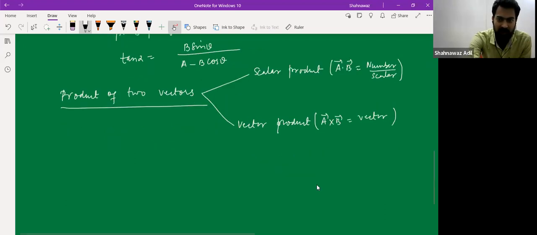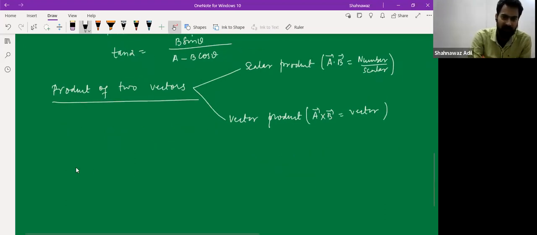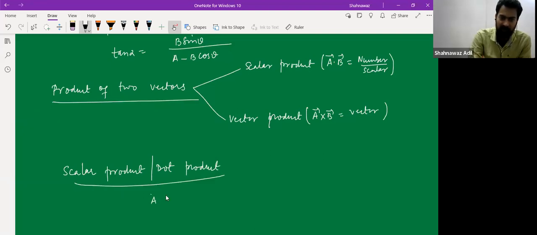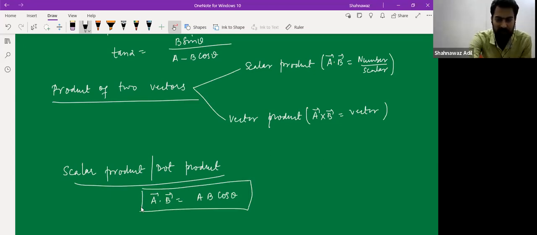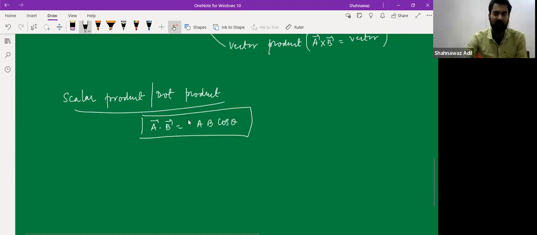So how is the scalar product, or the dot product, described? This is defined like this: AB cos theta. And you have already learned about the work done in an external electric field, so you get some dot product in that scenario.